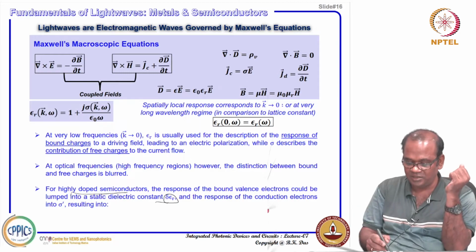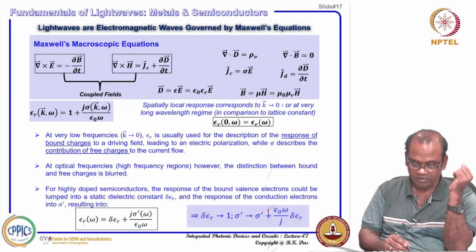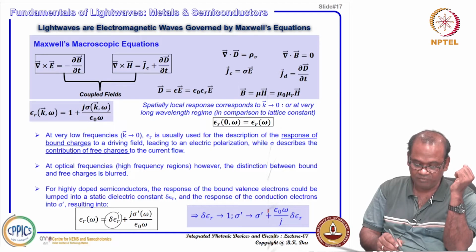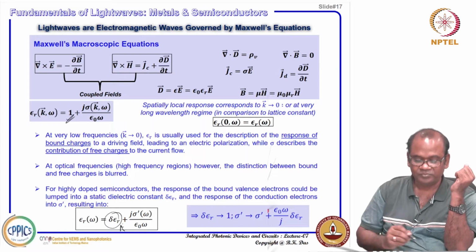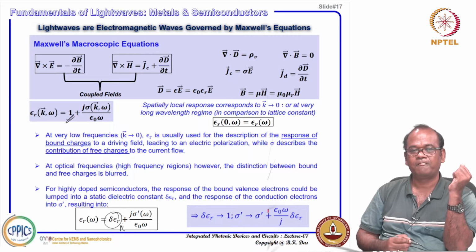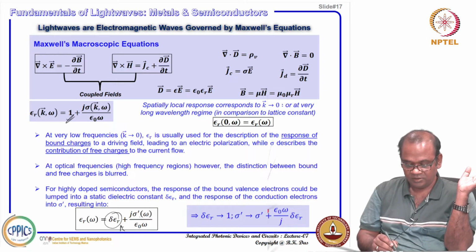So, if you consider delta epsilon_r and the response of the conduction electrons, sigma prime, you get epsilon_r, this is a lumped one. Instead of 1 we are just adding delta epsilon_r for the bound electrons, and whatever the sigma is, we have written.